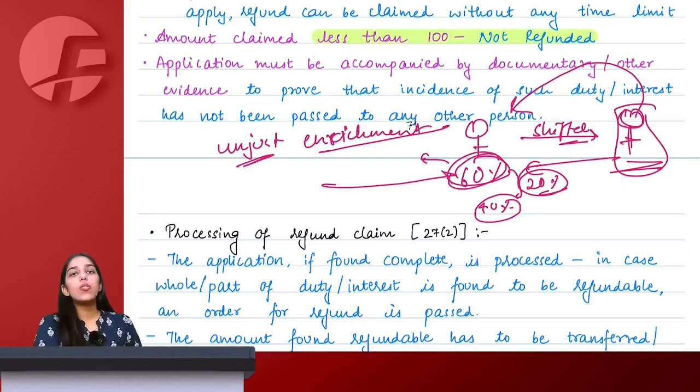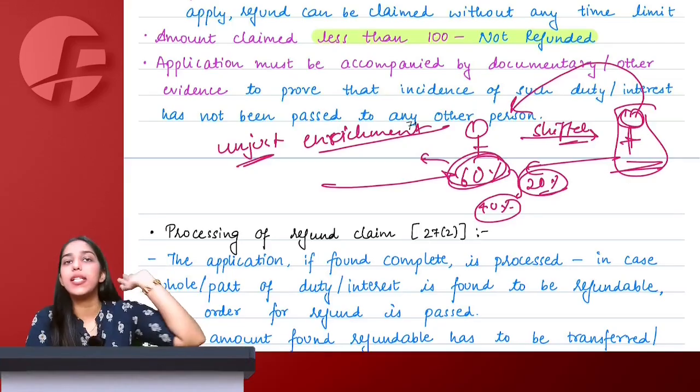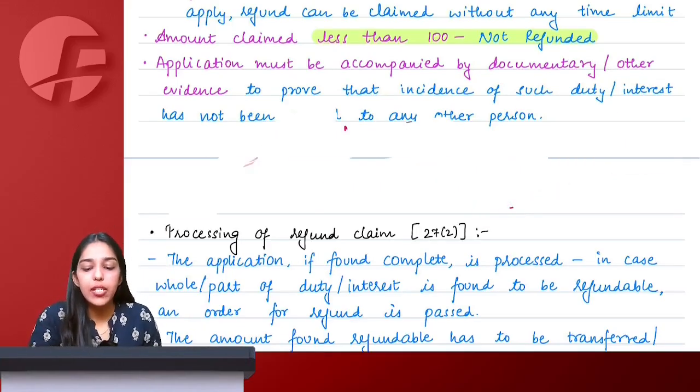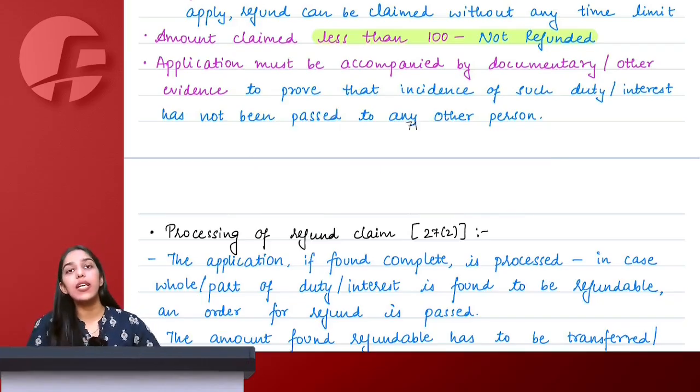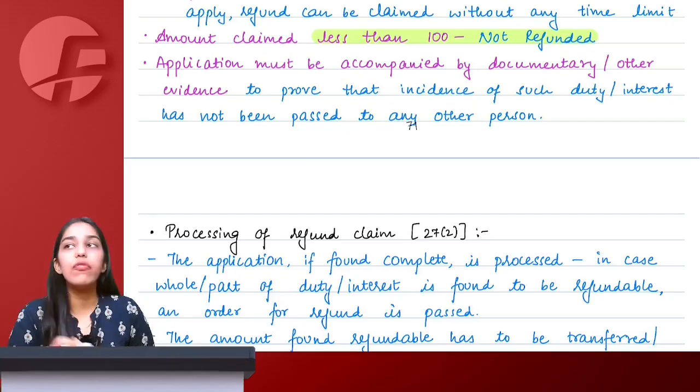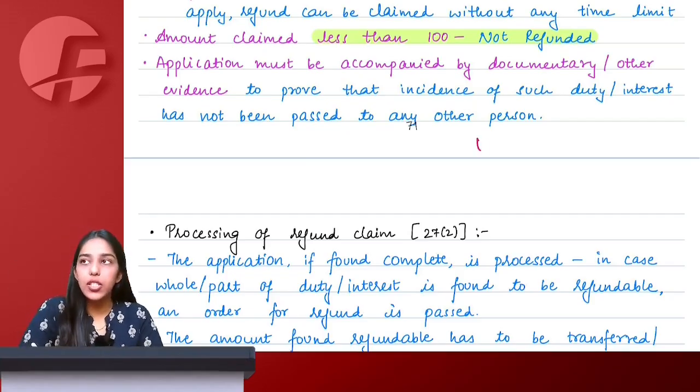So in such case, the by default assumption of government is that you have passed the incidence. So government automatically assumes that even if refund is due, government will not pay you the refund and will transfer this refund to consumer welfare fund, assuming that if we give you the refund, you will be unjustly enriched.